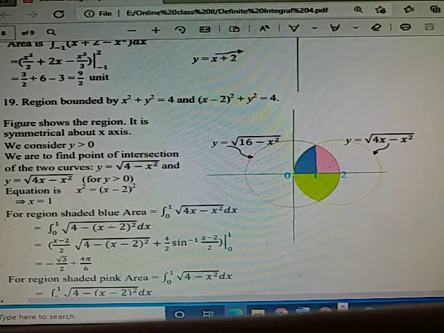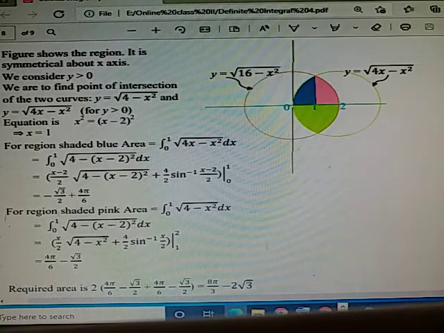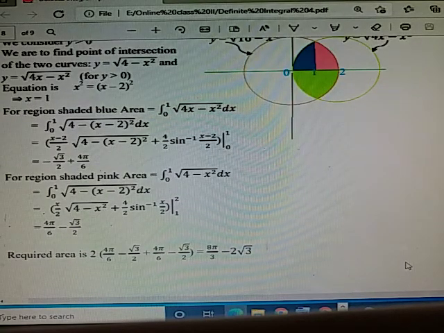So the pink area is from 0 to 1, and this blue area is also from 0 to 1. This should be 4 minus x square.